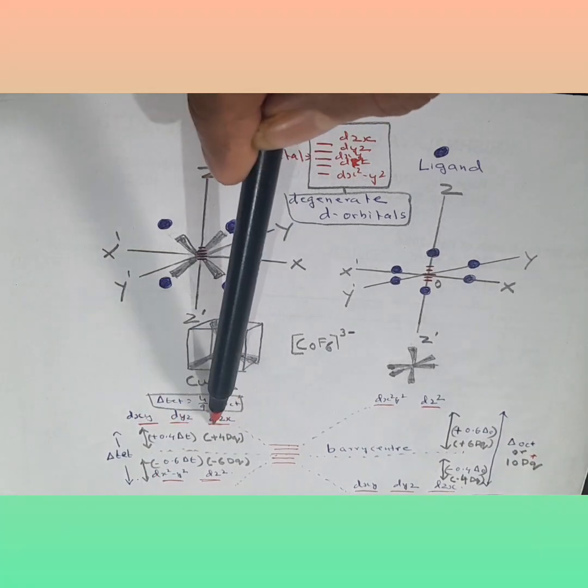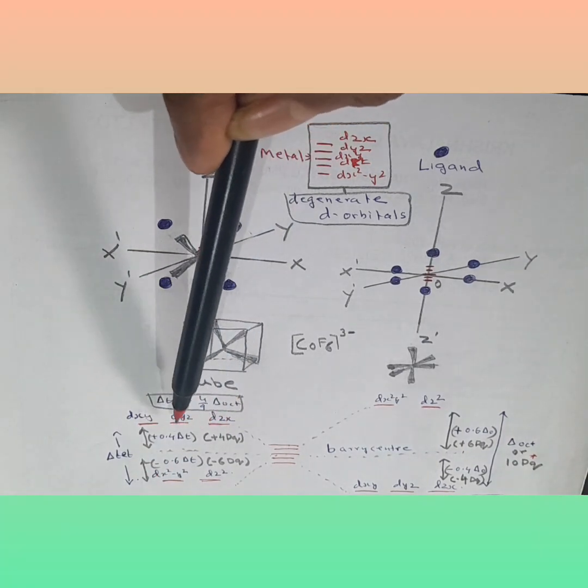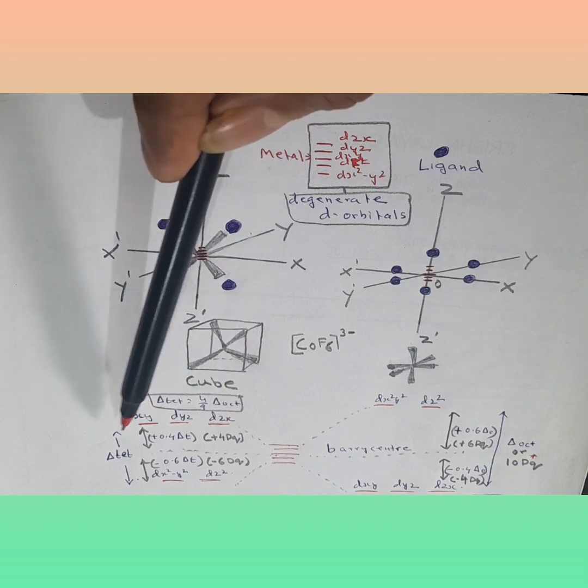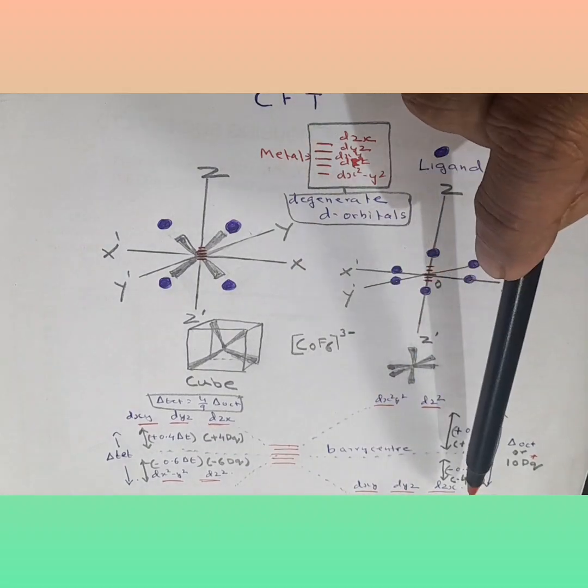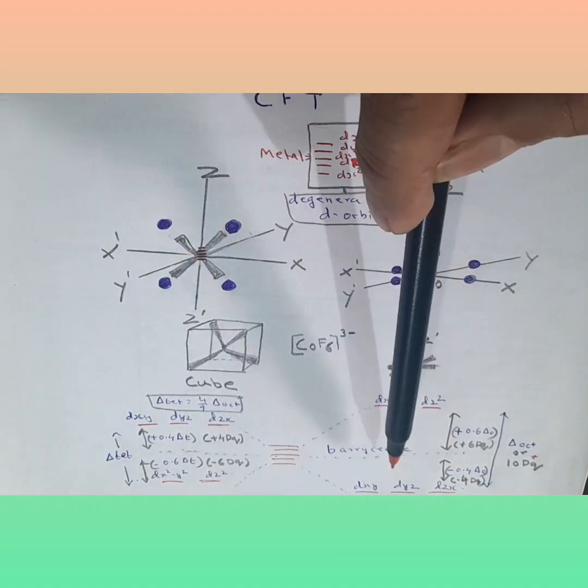These three, dxy, dyz and dzx, are known as the T2g level, and dx square minus y square and dz square are known as the Eg level. So here T2g goes up and Eg goes down in the tetrahedral case. In the octahedral case, Eg goes up energy-wise and T2g goes down.